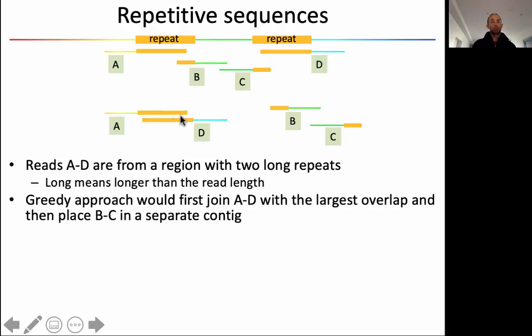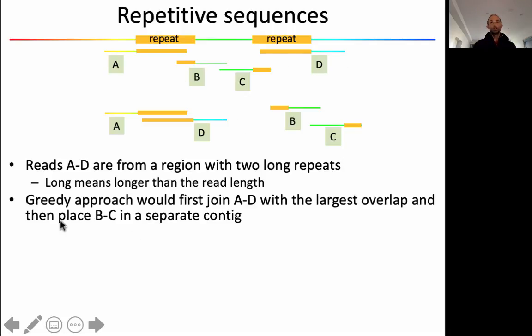A and D would be merged into a single contig, and after that, the only overlapping part that could still be identified and assembled is the tails of B and C, which would then be assembled into another contig, and we would end up with 2 contigs rather than a single contig representing the entire region across.